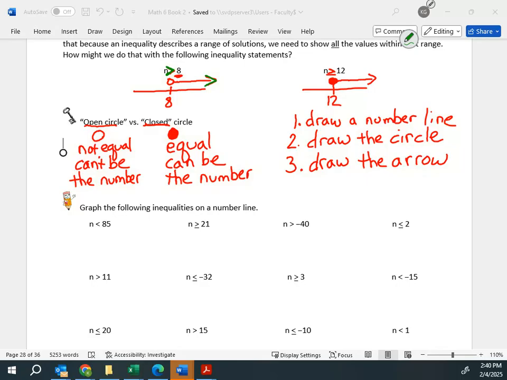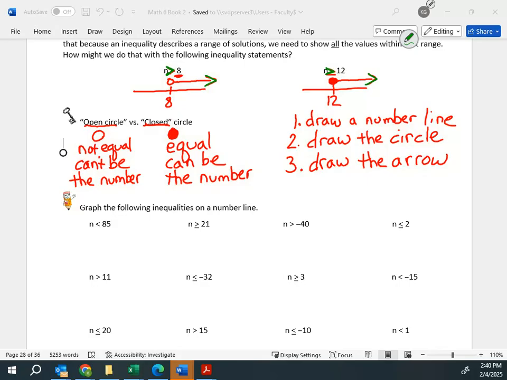It can be flipped, but we're not messing with that this year. So this year we can look and say, okay, greater than points to the right, so my arrow points to the right, because all of my numbers have to be bigger than 8, bigger than 12, so I'm pointing in that direction.